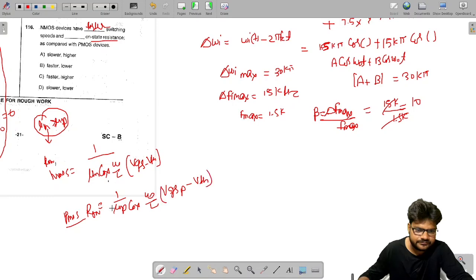Okay, so if you see, we know mu n is greater than mu p, then resistance of NMOS is going to be lesser than resistance of PMOS. So this is going to be lower. So yes, faster and lower is going to be the correct answer. So B option is correct. Let's go to the next question.